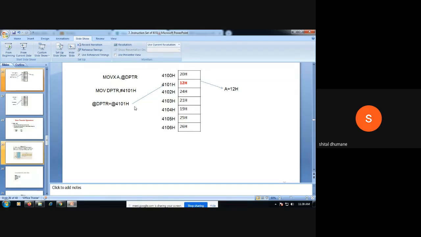So the 12H contents of this memory location will get moved into the accumulator. Okay, so this is your external memory. You have to consider the 16-bit external memory when you are using the instruction MOVX A comma @DPTR. So the contents of the 16-bit external memory location will move into the accumulator.